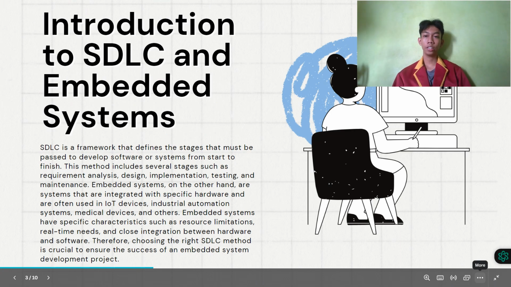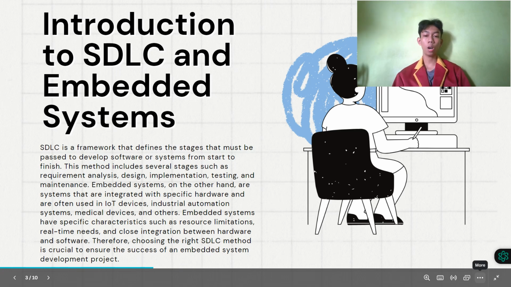Introduction to SDLC and embedded systems. SDLC is a framework that defines the stages that must be faced to develop software or a system from start to finish. This method includes several stages such as requirement analysis, design, implementation, testing, and maintenance.